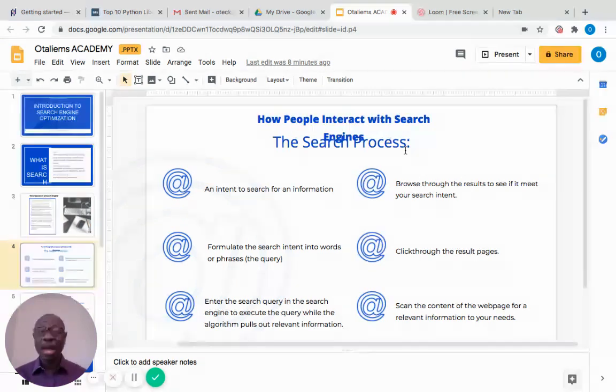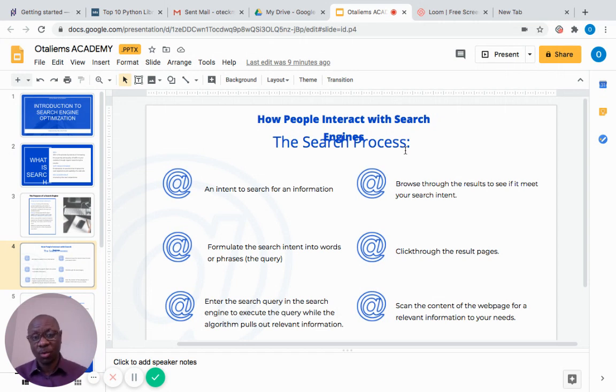But now I'm going on the internet to search for a car renter. So I put this into words like car renter near me or car renter in a certain city. I have formulated the search intent into words or phrases, which is also known as a query. That's what I put in the browser.